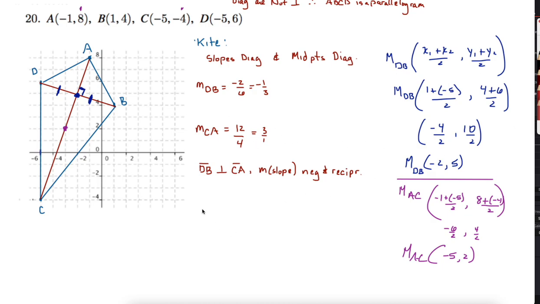So we know that ABCD is a kite. The diagonals are perpendicular and only one diagonal is bisected.